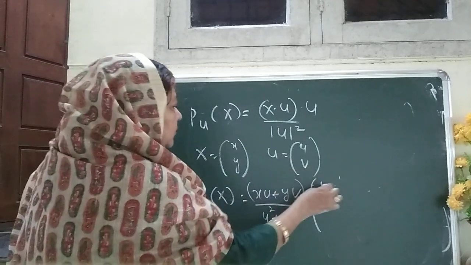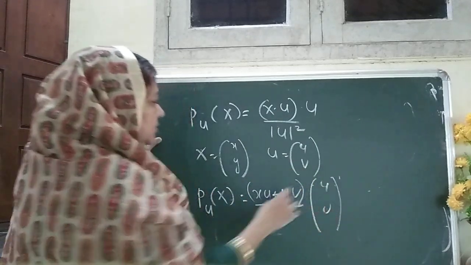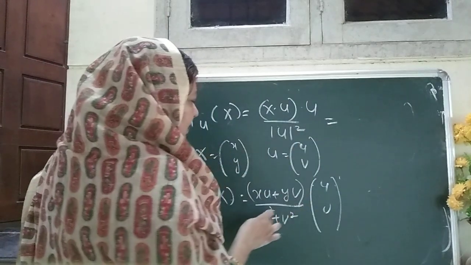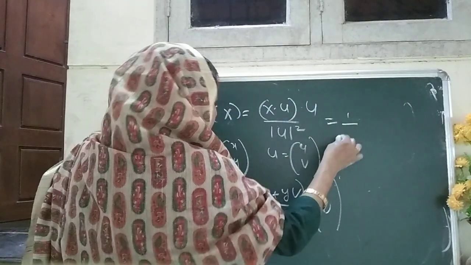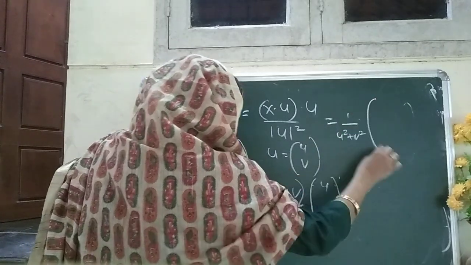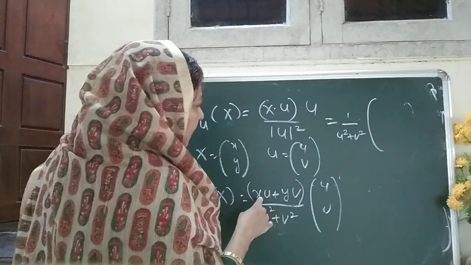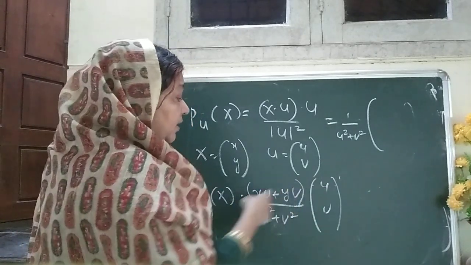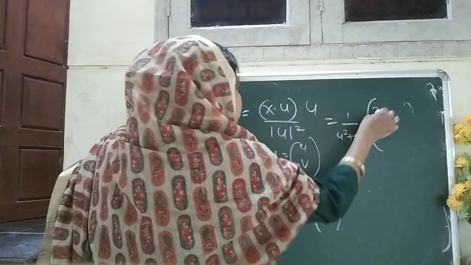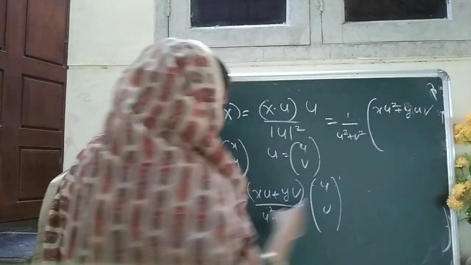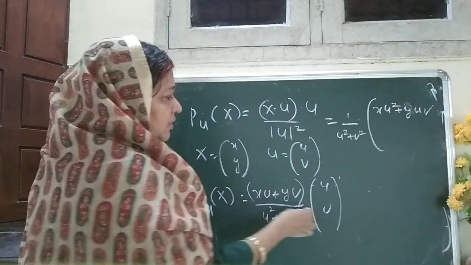Vector u is (u, v). So we have this equal to, these are our constants, 1 by (u square plus v square) into (xu plus yv) into u, and (xu plus yv) into v. So we get the first component as x into u square plus y into uv, that is (xu plus yv) into u.